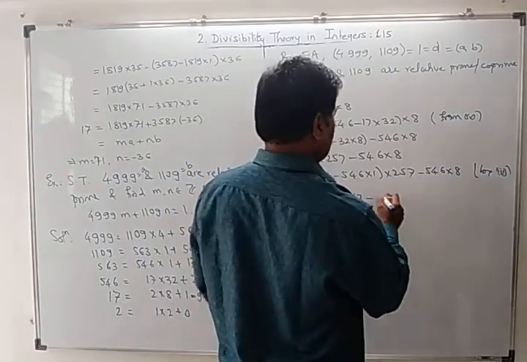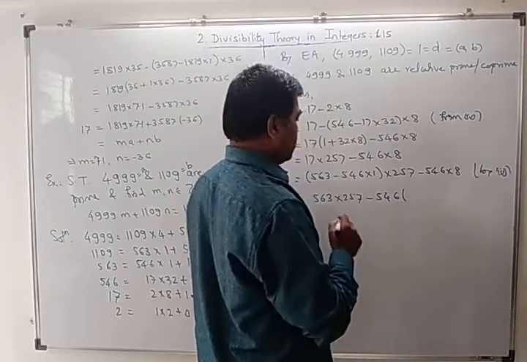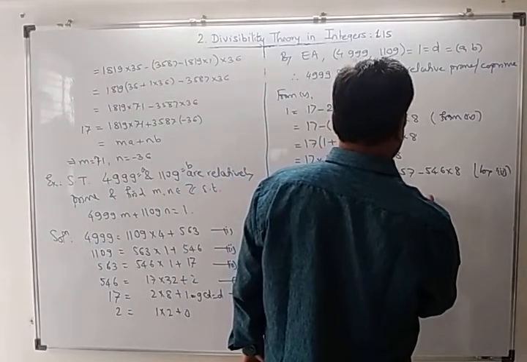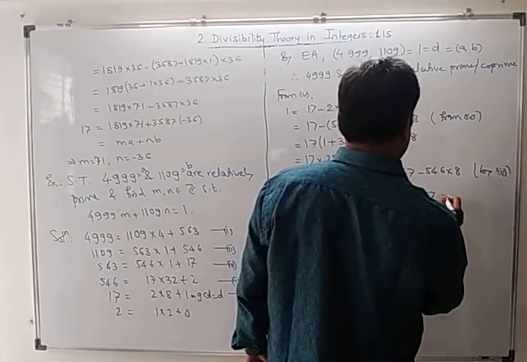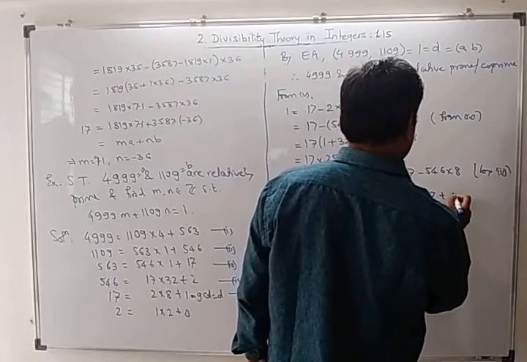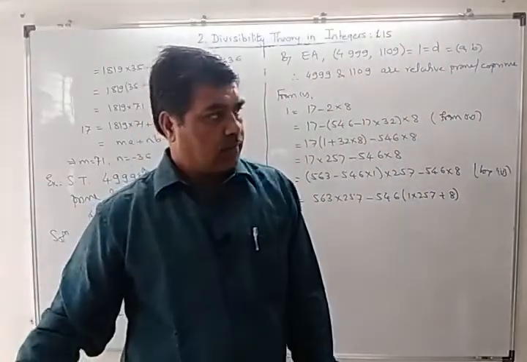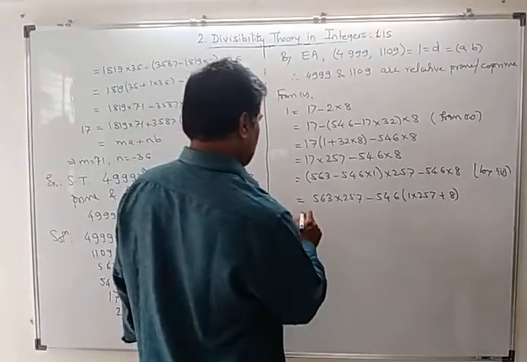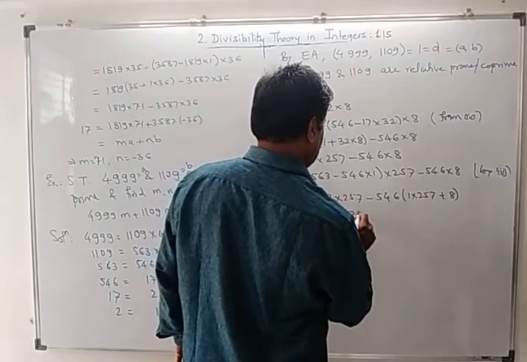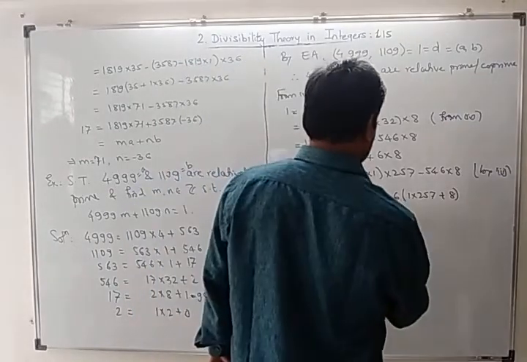this 546 into in bracket 1 into 257, minus is taken outside, so plus 8. We will get it to be equal to 563 into 257 minus 546.